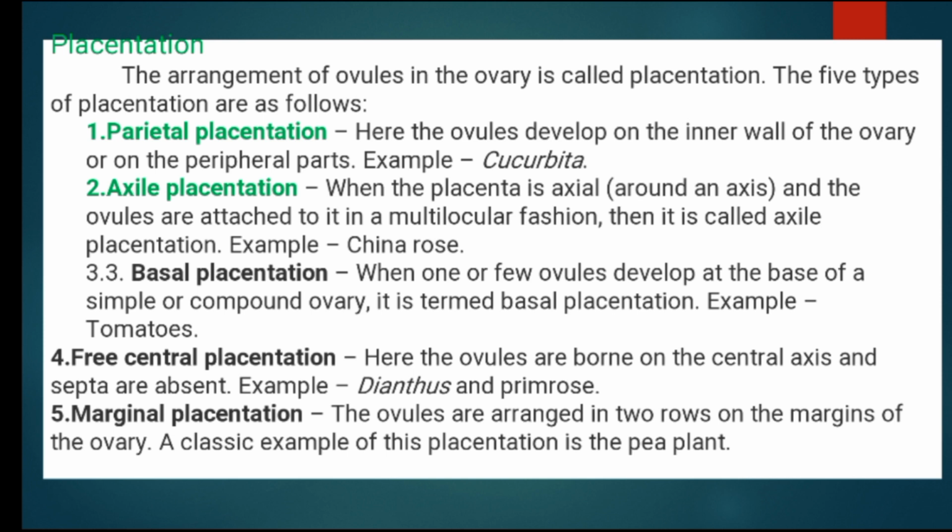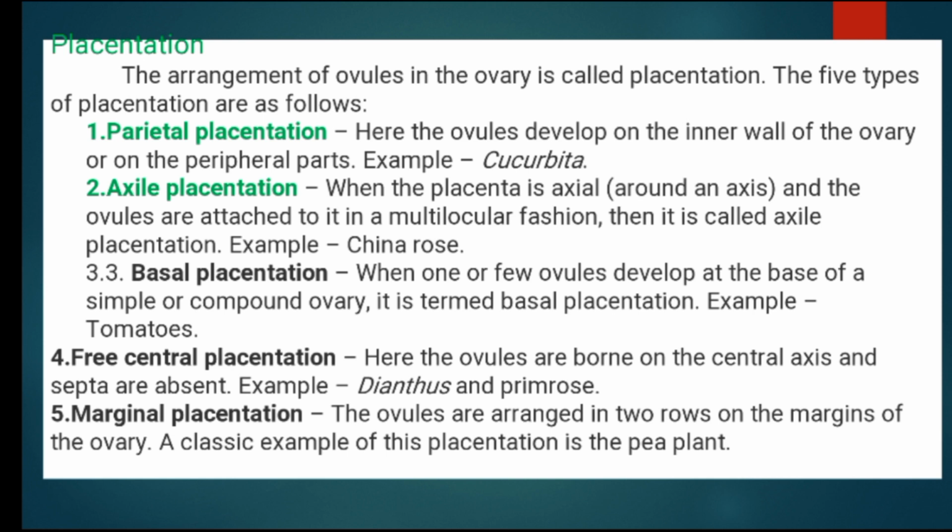Then the next is axial placentation. When the placenta is axial, or around an axis, and the ovules are attached to it in a multilocular fashion, it is called axial placentation.